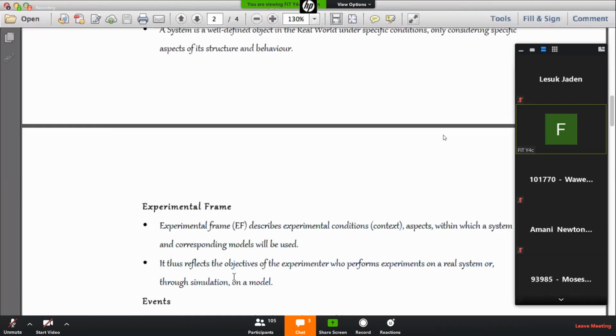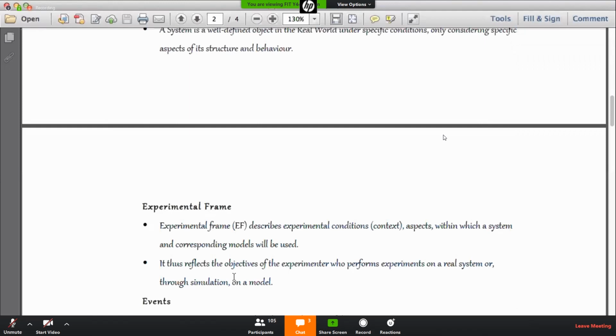Specific assumptions must be met for a given formula to work. If the conditions under which it's going to work are not met, that's what we call experimental frame. So if it fits you, you can also call it assumptions.